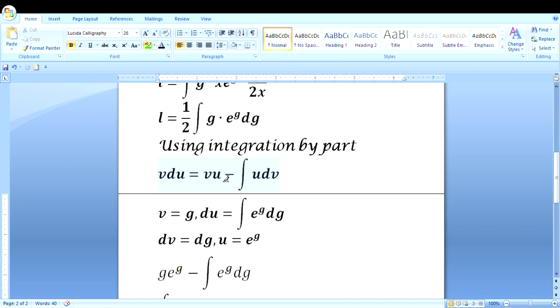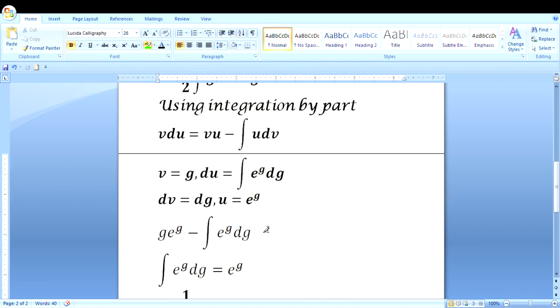We need to find u, and we also need to find dv. So for us to obtain dv, we differentiate v with respect to g, and this becomes dv is equal to dg. For us to obtain u here, we integrate both sides of this equation, and the integral of exponential g is exponential g. So that is u is equal to exponential g.